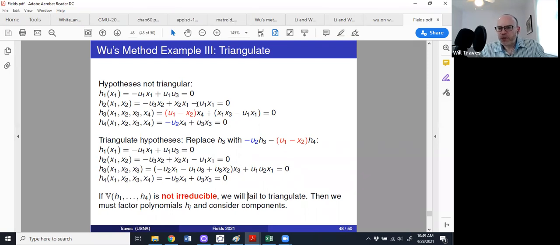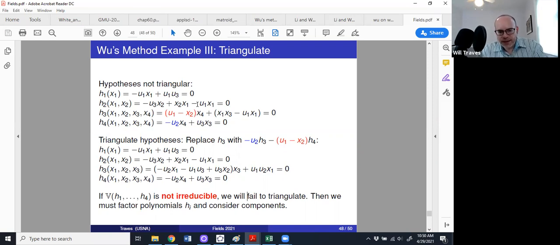So you're working over a field and you're trying to factor polynomials, and all of a sudden you get into complicated territory where we're doing sophisticated questions in algebraic geometry, really, about whether certain varieties are reducible or irreducible over the reals. Pretty complicated stuff.